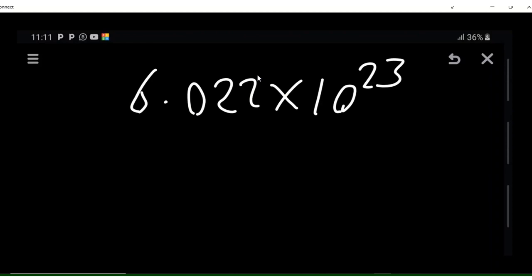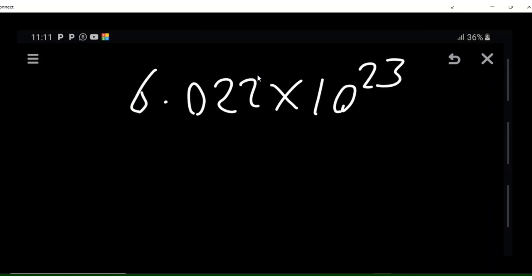When you multiply Avogadro's number by 12 AMU, then you multiply the result by the conversion to grams.